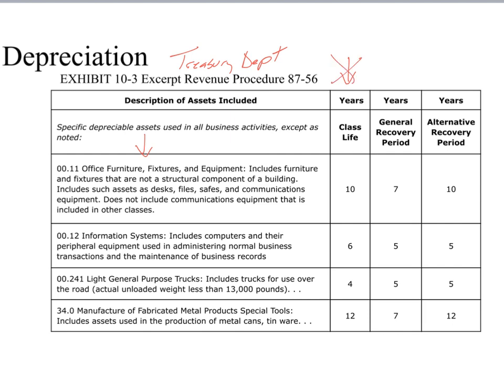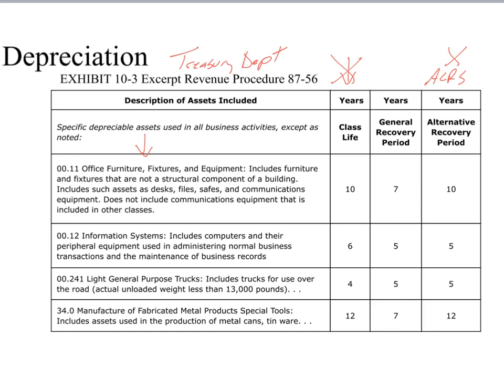This alternate recovery period, you may have heard of ACRS. That's the predecessor to MACRS. If you have assets that have been in your possession for a number of years, you may have holdover from ACRS. We are not concerned about that column for our purposes either.